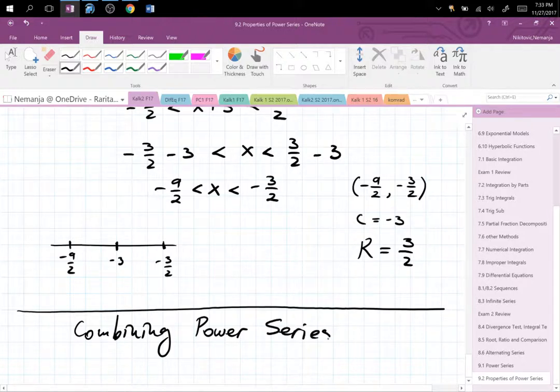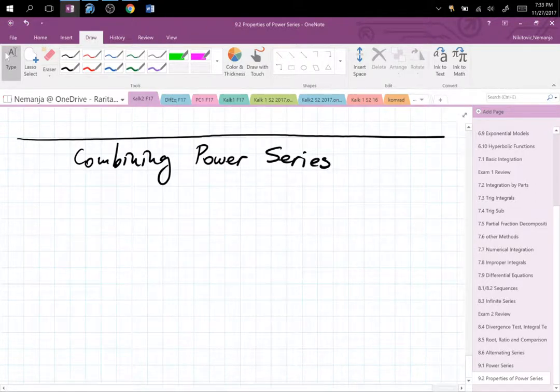This is important. Obviously, it comes up in differential equations. I already showed you those situations when you combine power series. So, the ways we combine power series.